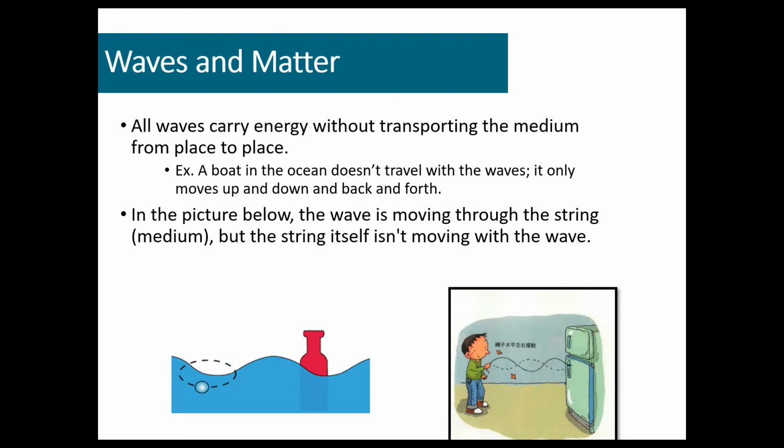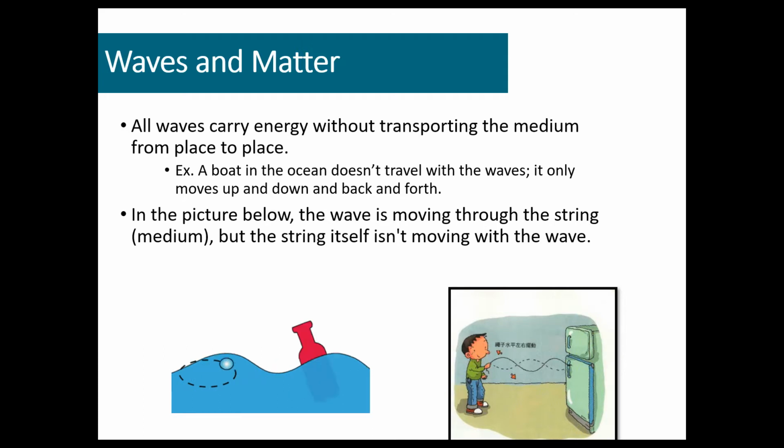And it's important to note that all waves carry energy, but they do so without actually transporting the matter in the medium. So a good example of this is if you've ever been fishing in a boat. A boat could be anchored and it can just kind of bob up and down, and the waves can be moving under it.